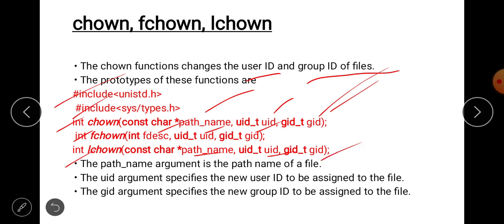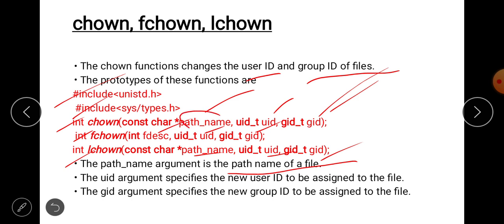The pathname argument represents the path name of the file. The uid argument specifies the new user ID to assign to the file.